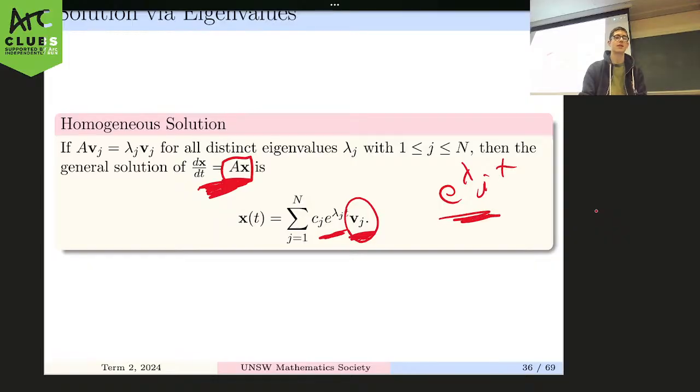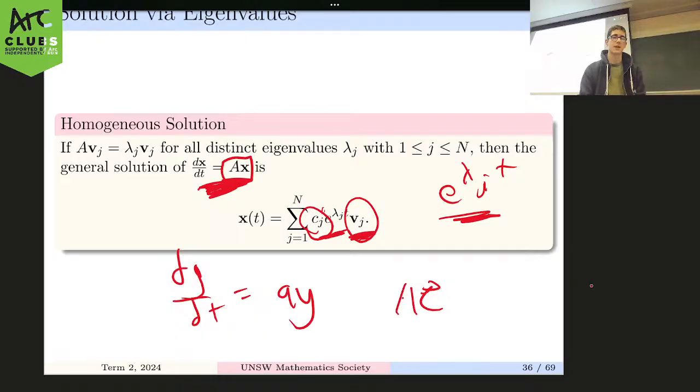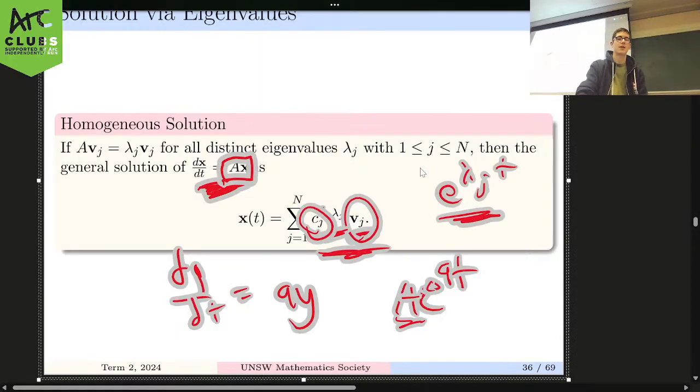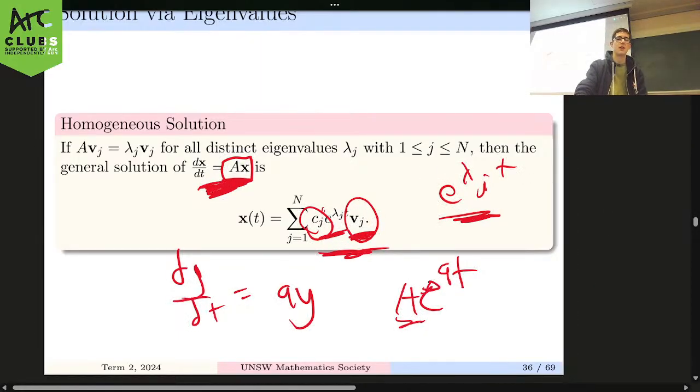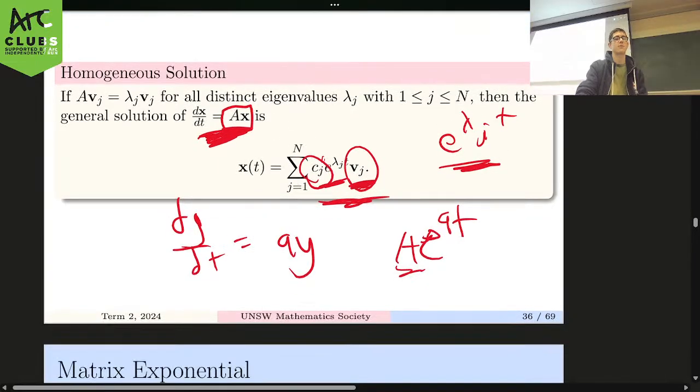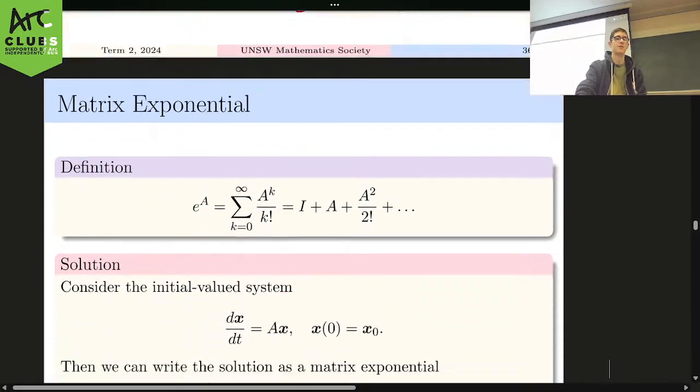Okay, so some linear combination of them. It mimics the same idea where we have, say, dy by dt is equal to a times y, where the solution would be some constant times e to the at. So it's the same kind of idea, and it works out quite nicely with the eigenvalues. So looking at the eigenstuff of matrices is quite important.